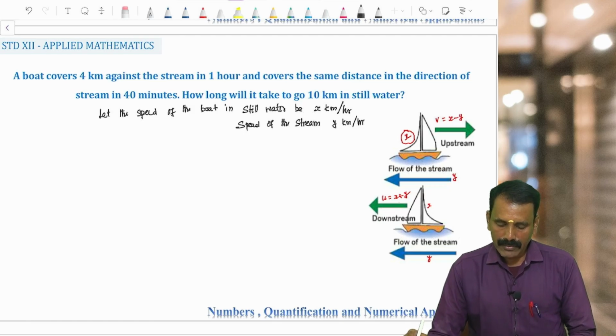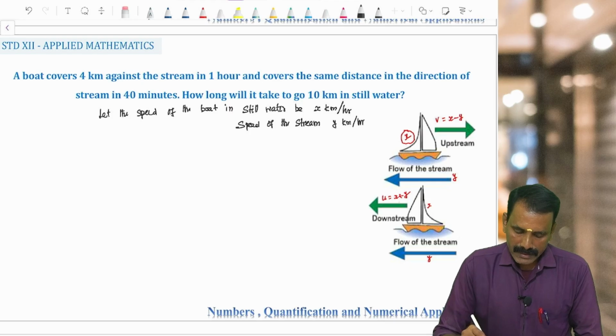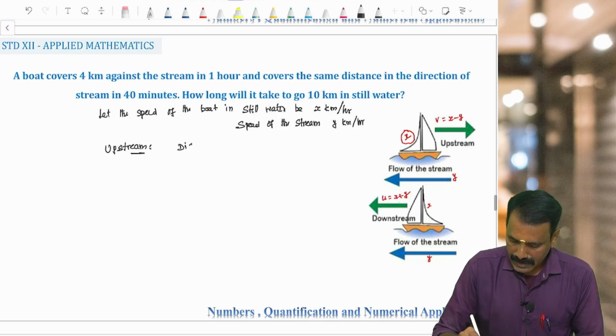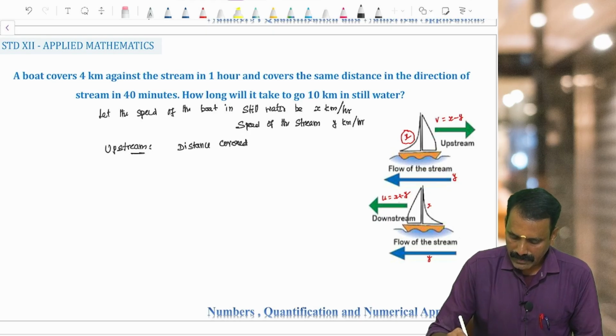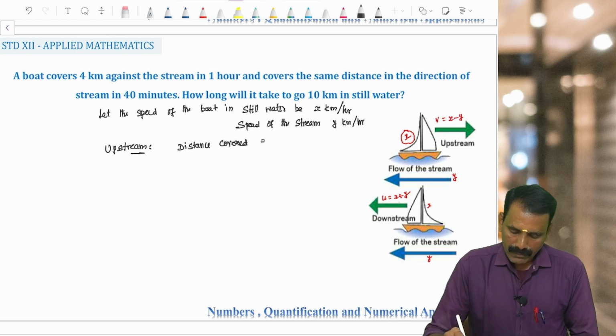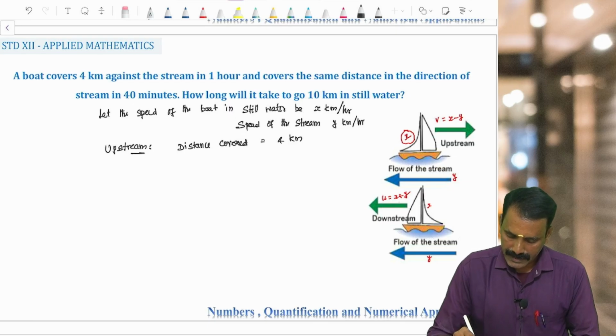To find the value, they have given the time and the distance covered. We write for upstream, distance covered is 4 km and the time taken to cover this distance is given to be 1 hour.